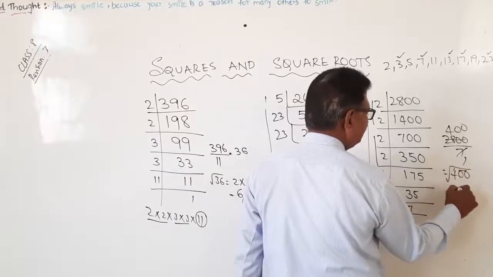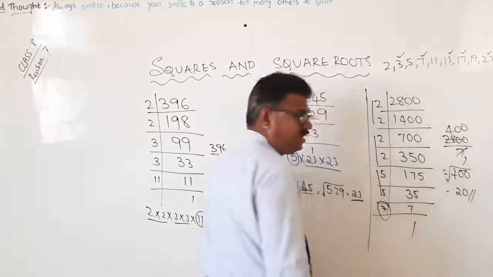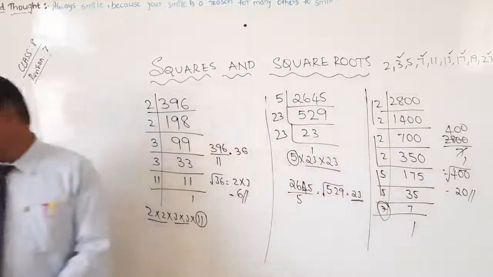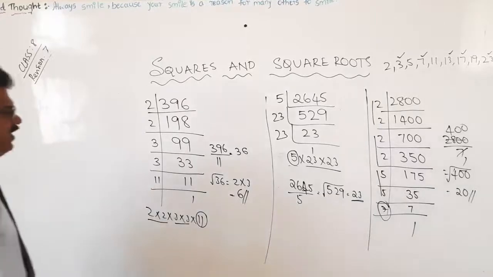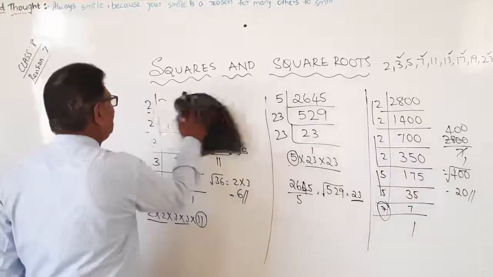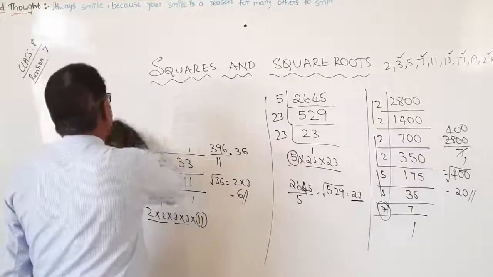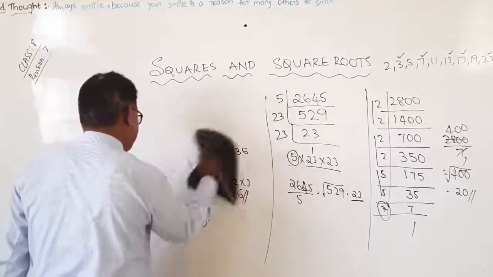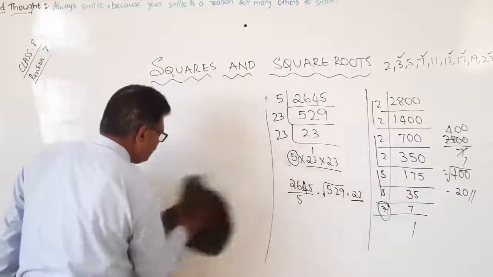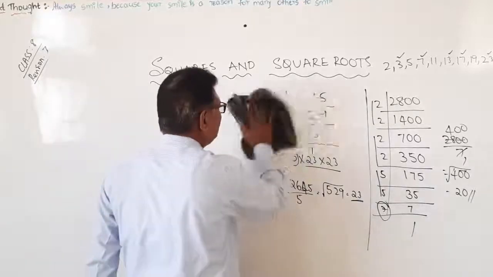Square root of 400 is 20 only. Okay na? So like this we have to solve what must be multiplied to get a perfect square, right? Okay. So today we have seen what must be multiplied and what must be divided, right? Yes. One or two problems are there, still we will do them.